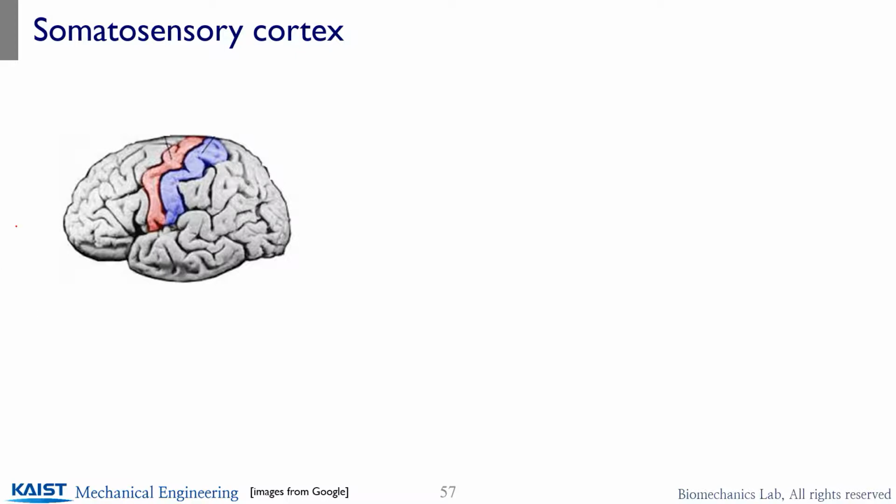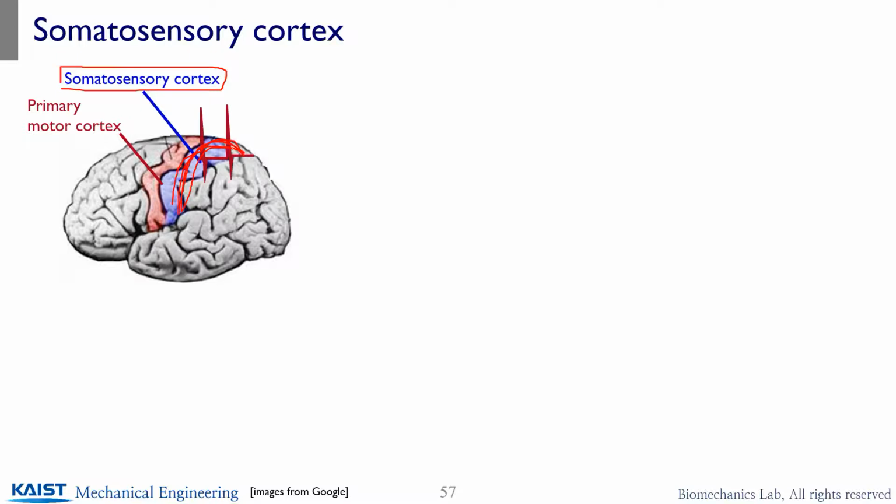The final destination for the somatosensations is the somatosensory cortex. This ring-shaped, peripheral region of the brain called the somatosensory cortex interprets the pulse signal as a position for each joint, like the wrist position, elbow position, or knee position, etc. Those sensed informations are next to the primary motor cortex.